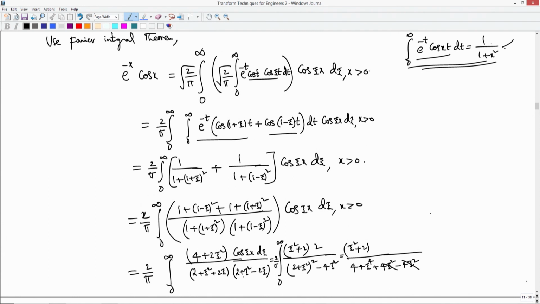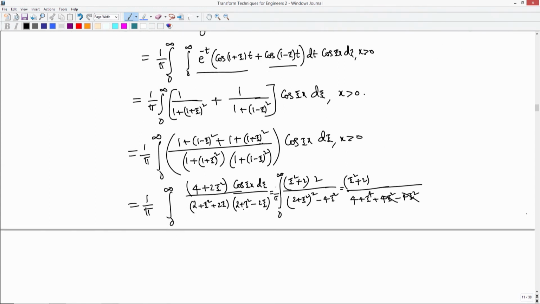When I do this sum of the cosines, you should have 2 times, so this is going to be 1 here. So, this is actually 1, that is a mistake. So, this is 1, and you have simply 1. So, you finally get 2 by pi integral 0 to infinity xi square plus 2, here anyway cos xi x d xi.